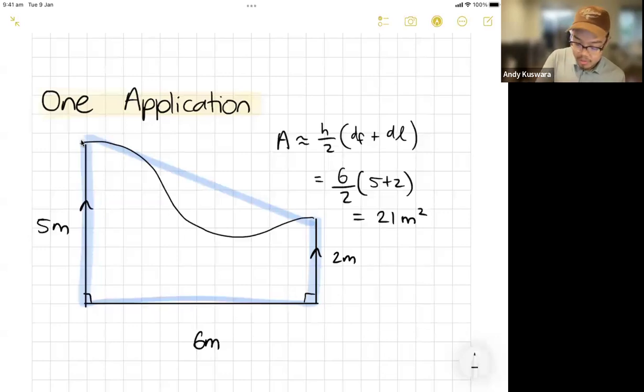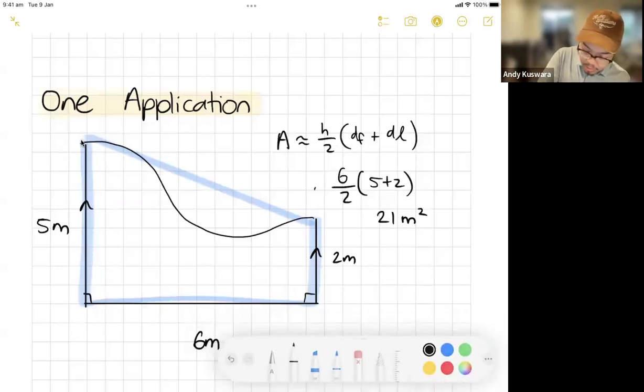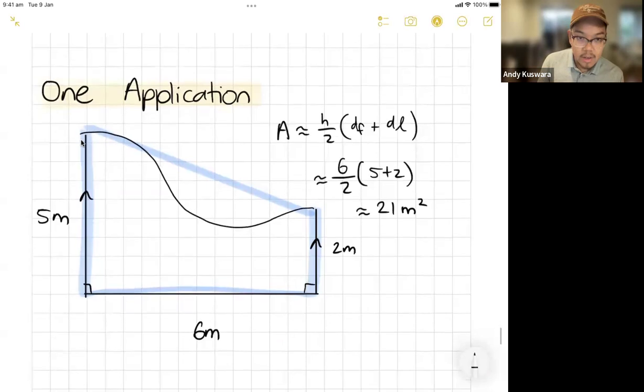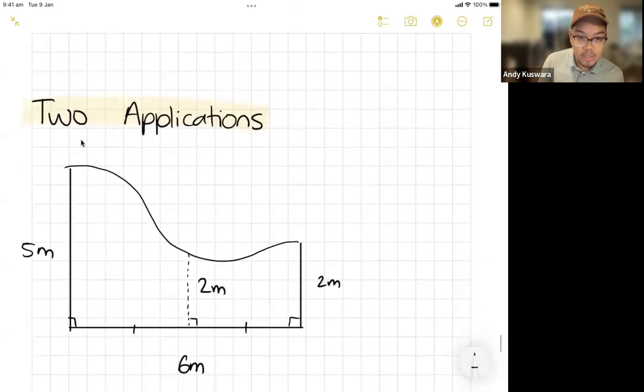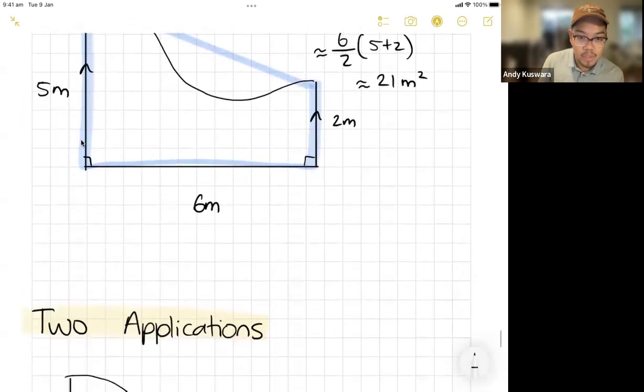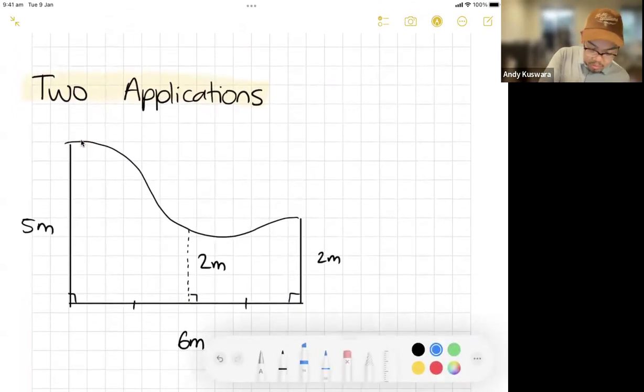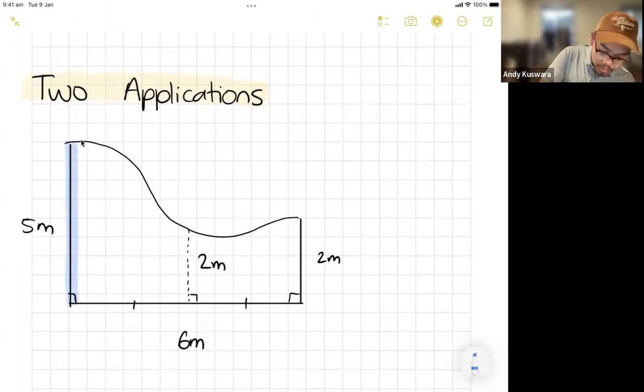That's an approximation. It is going to take a while to get used to, but you'll need to remember that all of these need to be wiggly lines. They're approximate. Now, if I talk about two applications, can you see how I'm using the same shape here? For two applications, they start to talk about how it's probably more accurate if we use more trapeziums.